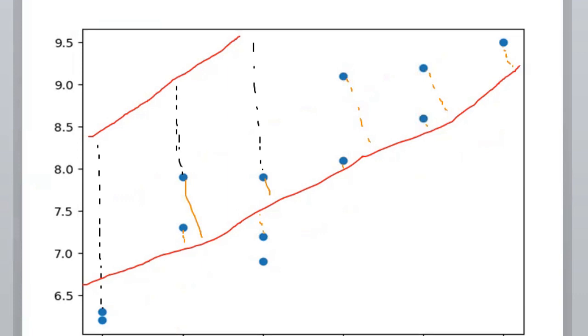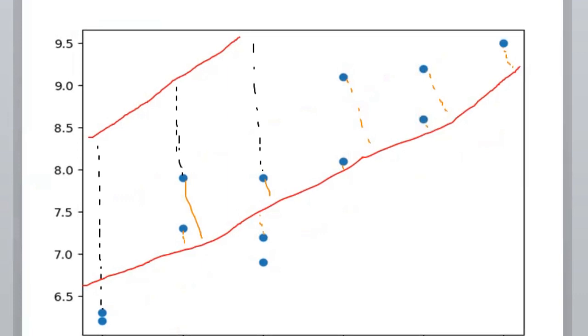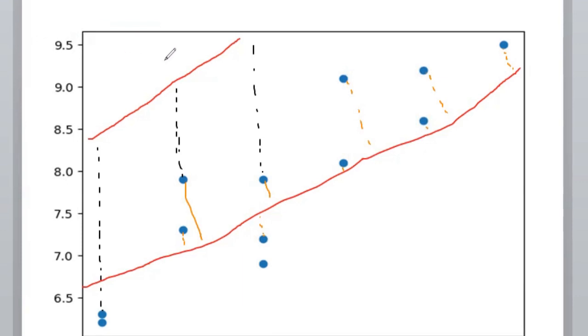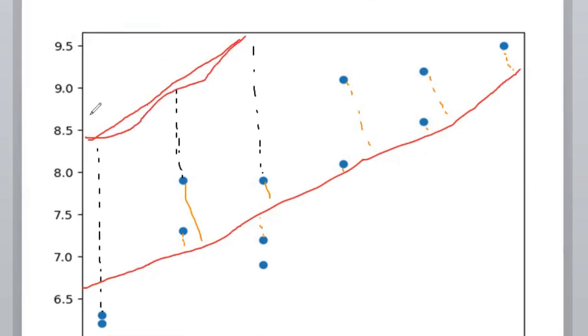So what do we get from this diagram for this particular point? Now, which line do you think is the best fit? I am just drawing the line again.